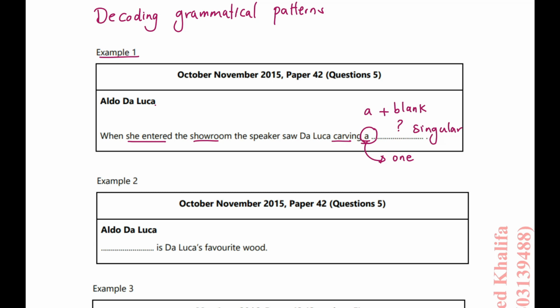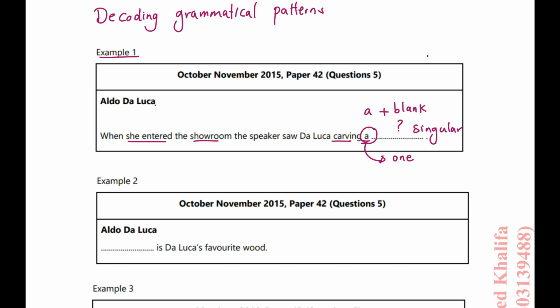What else? The answer also will start with a consonant sound. So I cannot use a noun that starts with a vowel sound. You understand what I mean? It is a consonant sound.